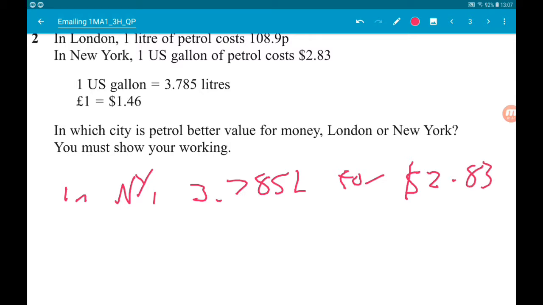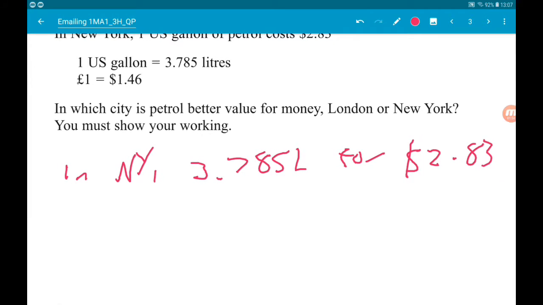Now, from that, we can work out how much 1 litre would cost. So, to do that, to get from 3.785 down to 1 litre, we divide by 3.785.